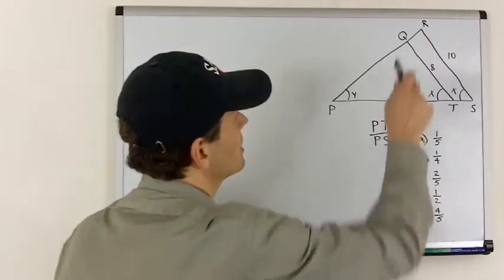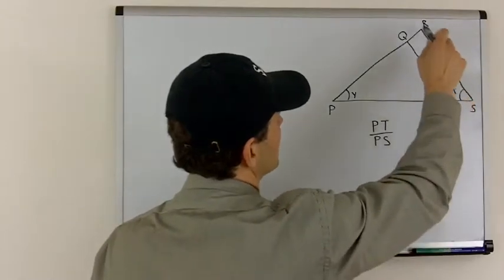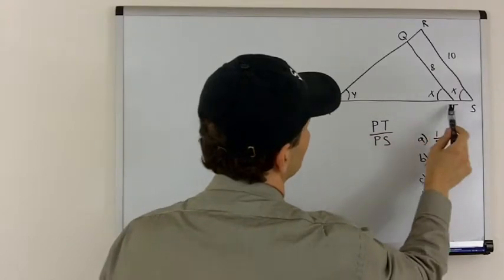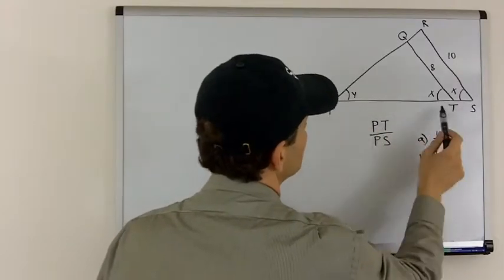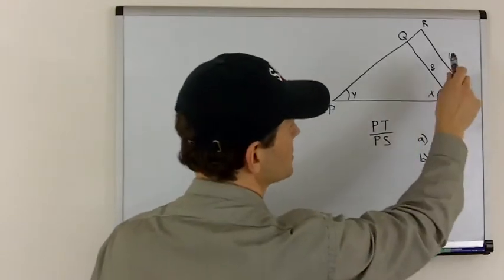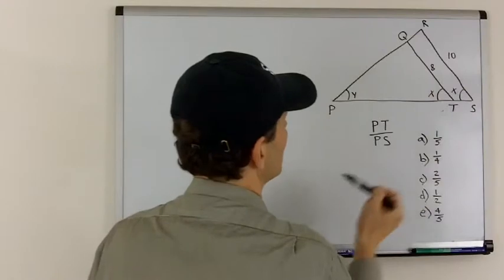So if this side is 8 and the side of the bigger triangle is 10, then PT is also going to be in the same proportion to PS.